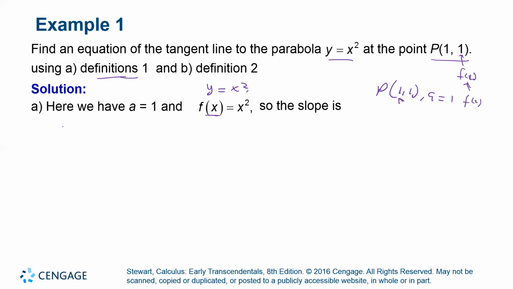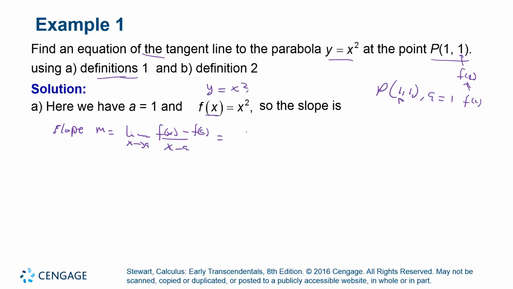With definition 1, to find the equation of the tangent, we need the slope. The slope m is given by the limit as x approaches a of f of x minus f of a divided by x minus a.